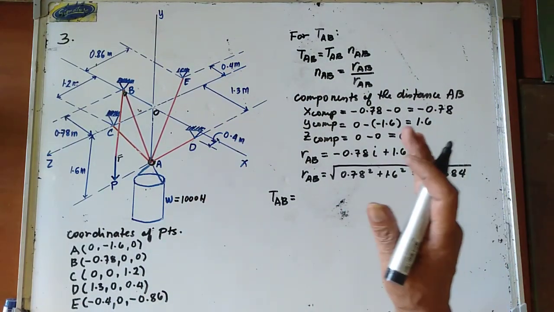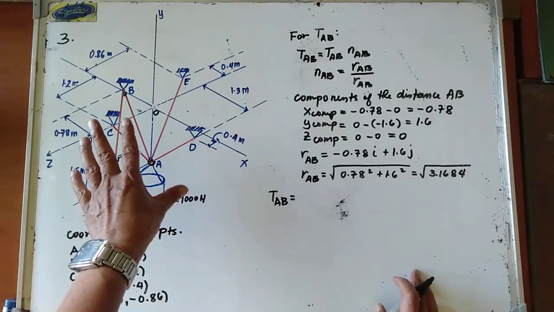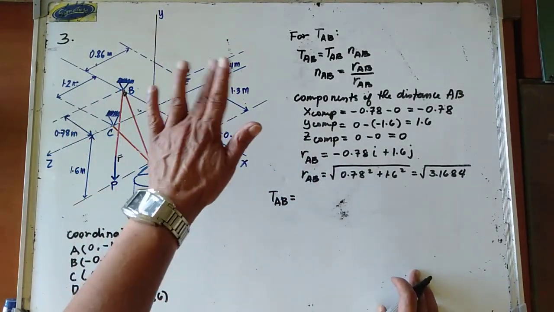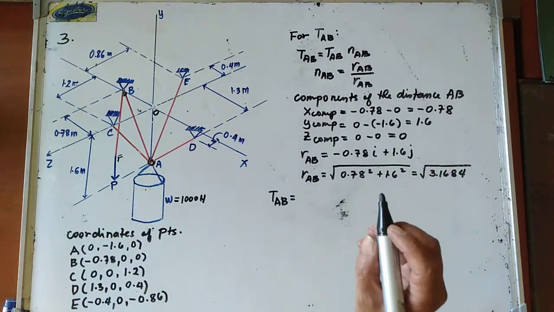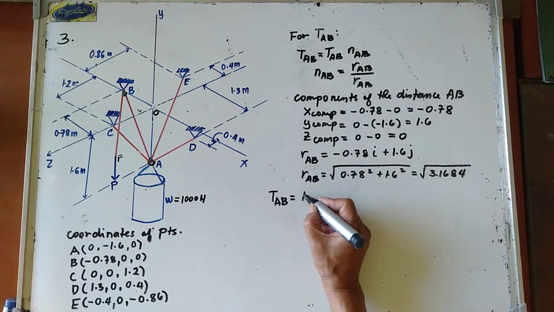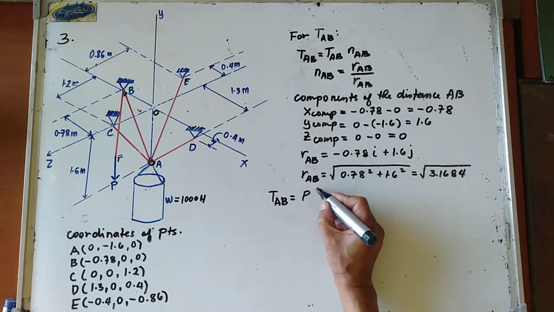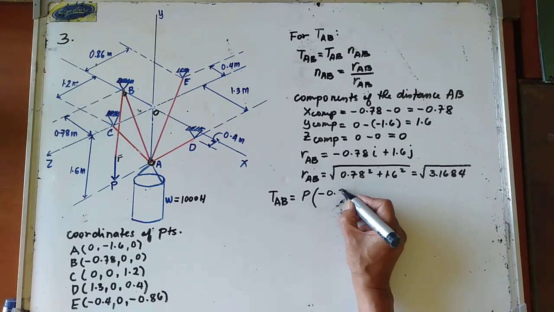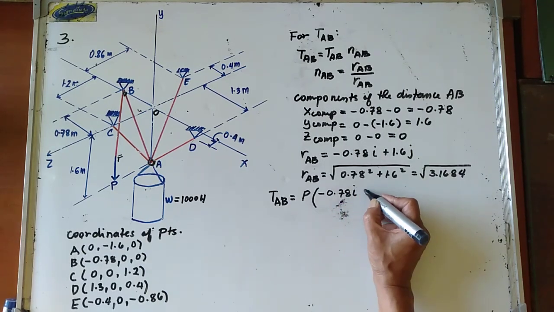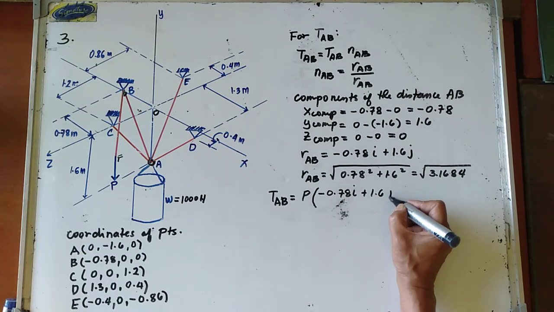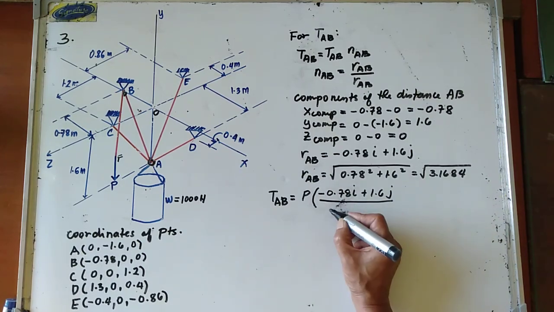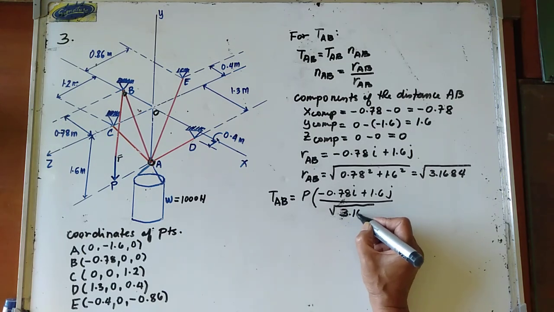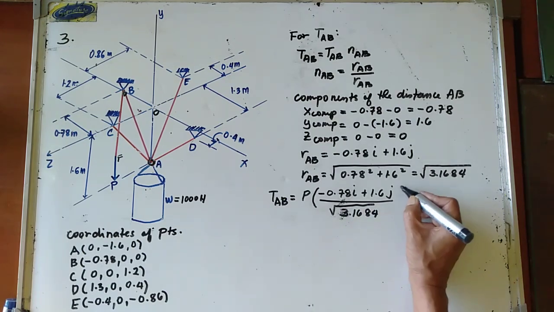Now, if you try to go back to the free body diagram, okay, because it was erased already, your TAB is equal to P. Hence, this is equal to P. Multiply this one by minus 0.78i plus 1.6j over the square root of 3.1684.